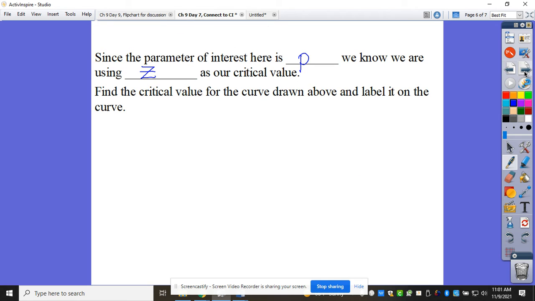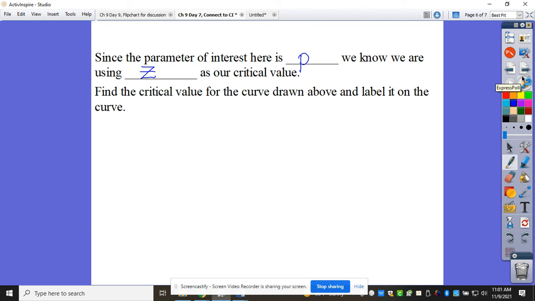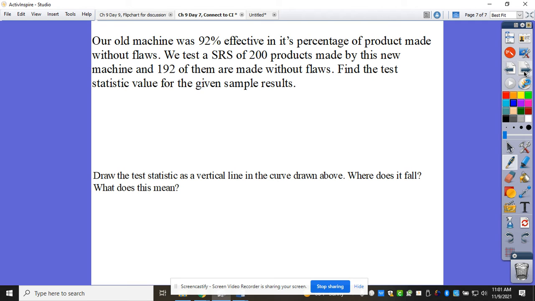So I'm just going into this question from a different perspective. I've got my critical value, which is 1.645. And then I'm going to give you the whole scenario. This is all from our sample data, and we're going to find the test statistic. So our old machine was 92% effective, so that's my what? P naught, that's my claim.